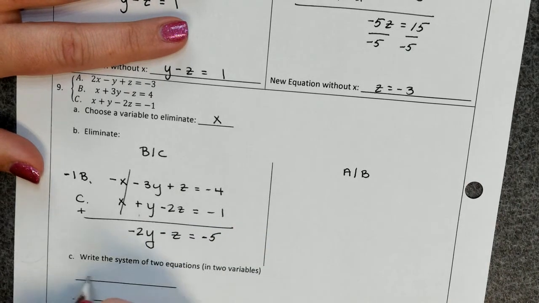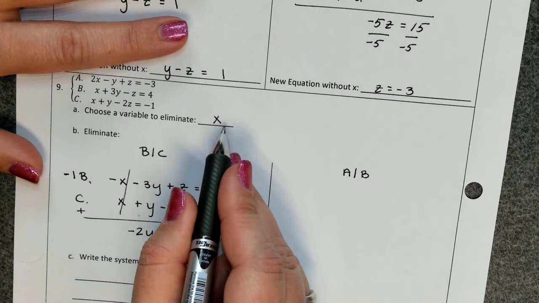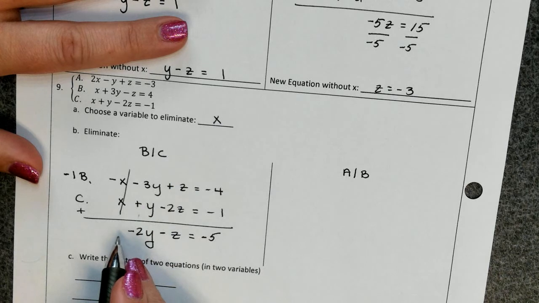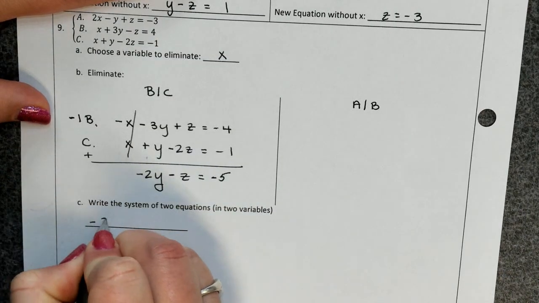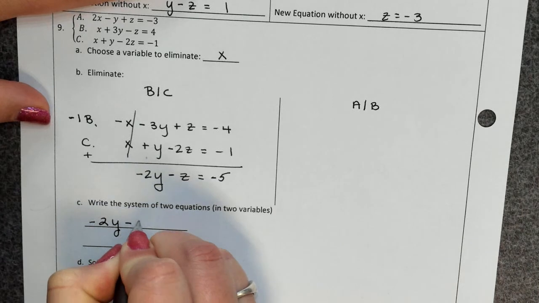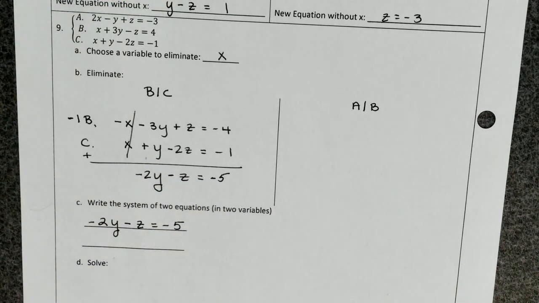Okay. Now that I have an equation, it doesn't have x in it, because I eliminated x, that was my goal. I'm going to write it right here: -2y minus z equals -5. That's what I was aiming for.